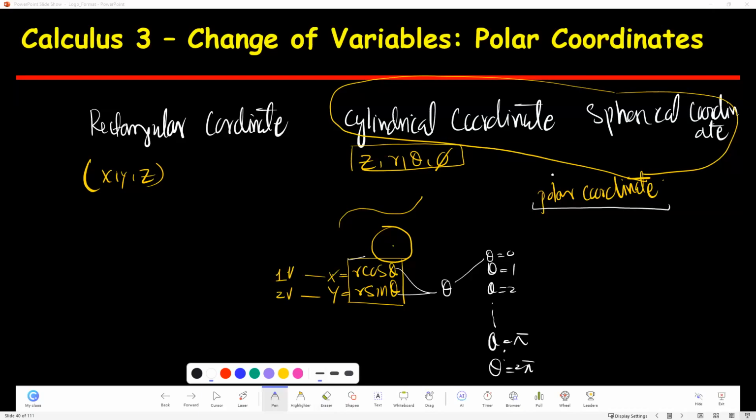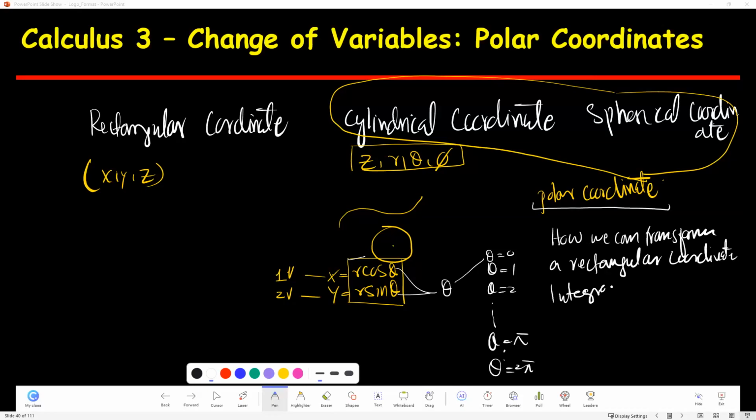The question being raised is how we can transform rectangular system integrals into the polar coordinate system.